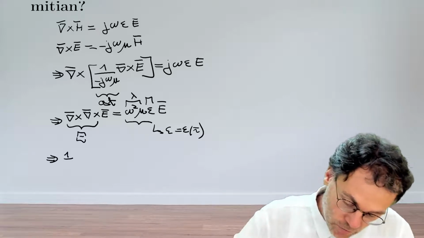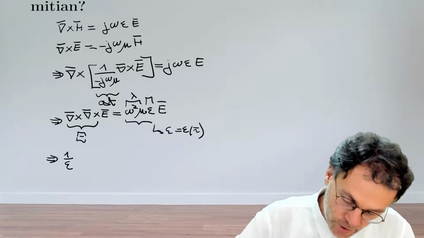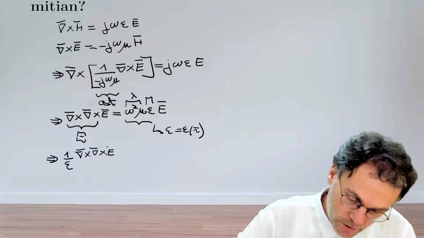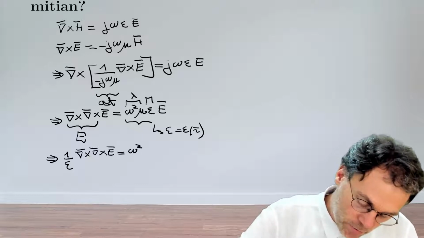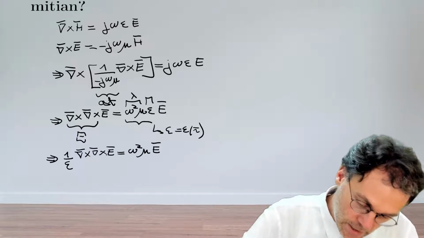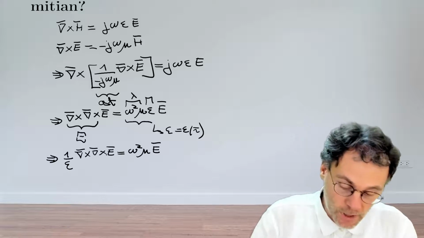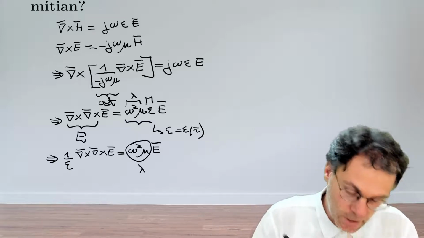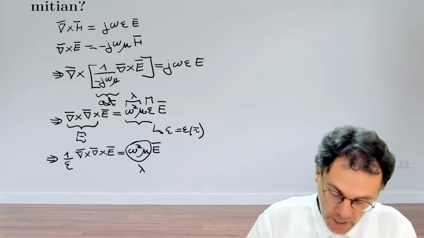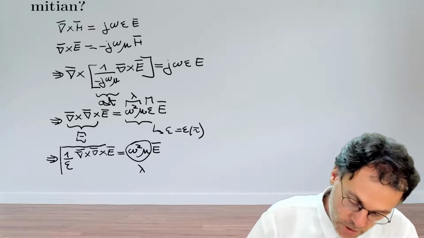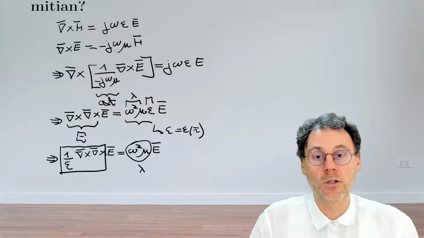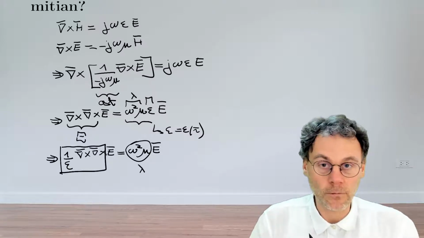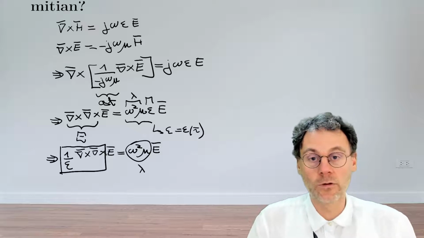And that we can do as follows. Then we have 1 over epsilon curl curl of the electric field equal to omega squared mu E. Omega squared mu this time is a constant, so this can serve as our eigenvalue. And then 1 over epsilon curl curl is going to be the operator for this eigenvalue problem. So that's half of the work done.